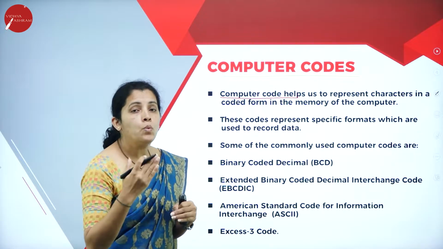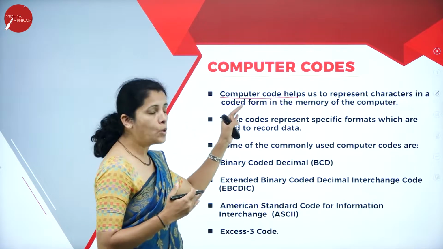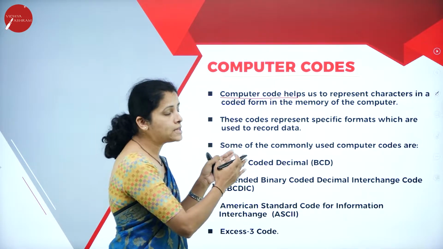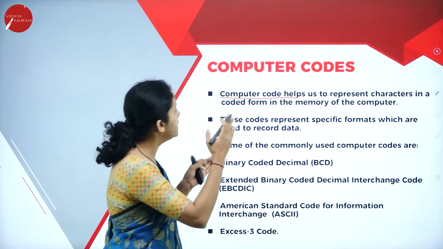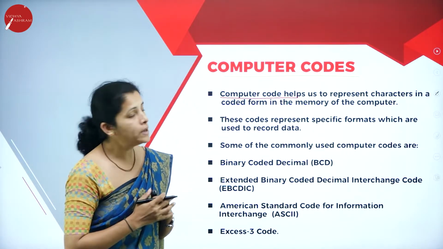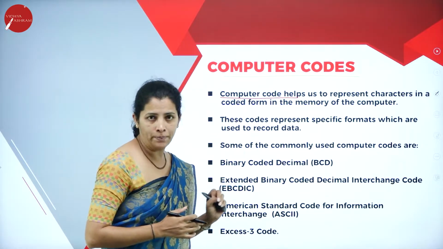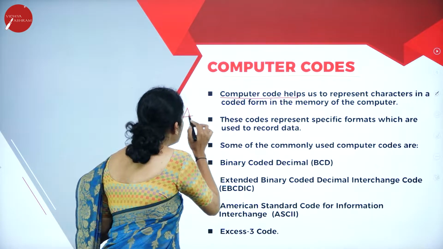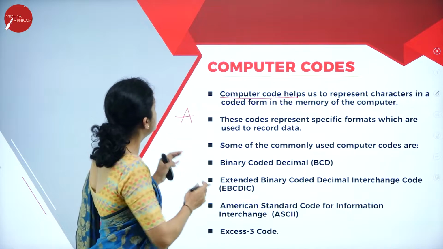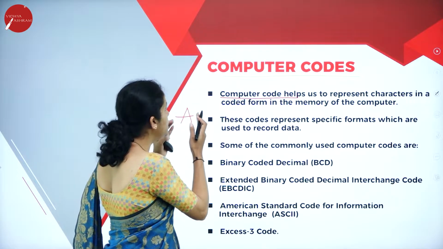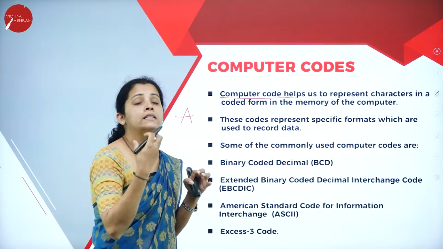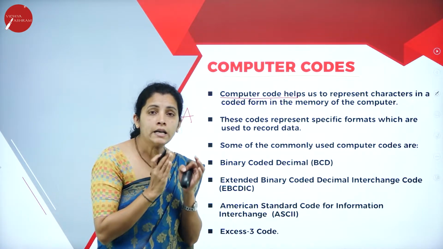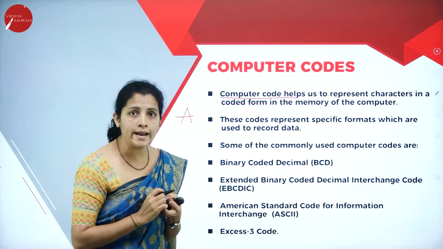Dear student, why do I require computer code here? I require computer code to represent the characters in a coded form in the computer memory. For example, if I press A, this A is converted into some form and stored in the computer memory because the computer understands only zeros and ones.